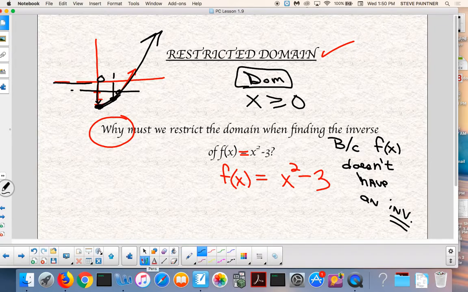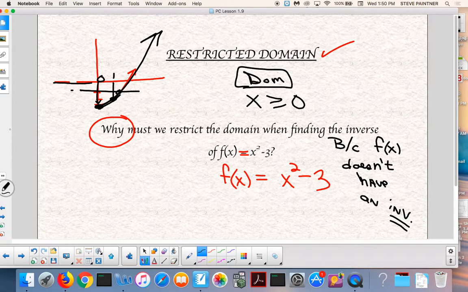And now look at this half of the parabola. Does it have an inverse? Now it does. So when you get to the book, guys, they're going to restrict you. They're going to say, there. Now, can you do this problem? Yes, because it has an inverse. So if they ask you questions about the inverse, now it has an inverse because I told you don't look at the other half.